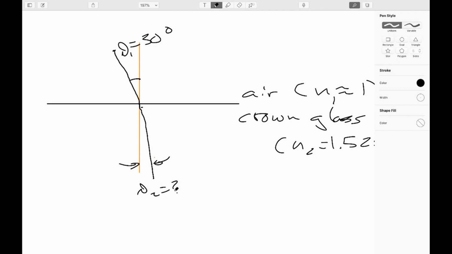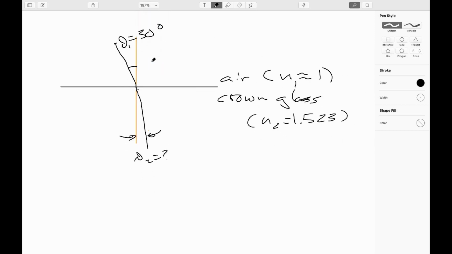Now, we know it should be less than 30 degrees. Because again, with our rule of thumb that if you go from a low index to a high index, you bend toward the normal, our intuition will already tell us that the answer is less than 30 degrees. So let's just go ahead and do it.